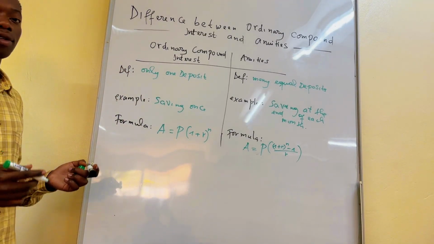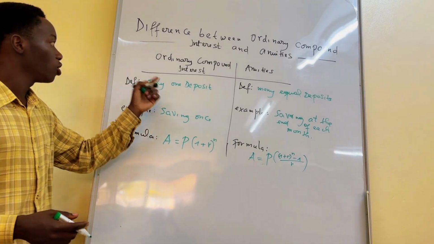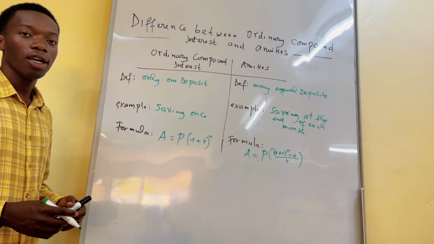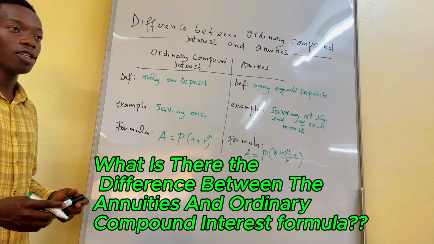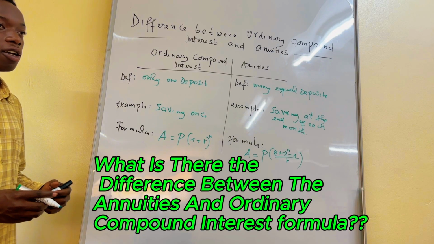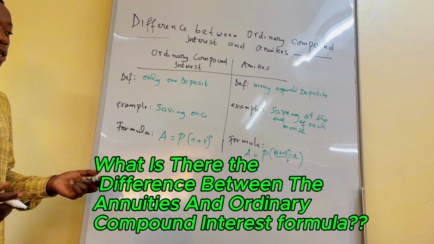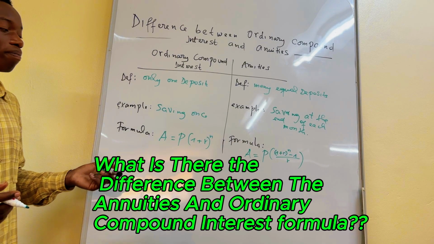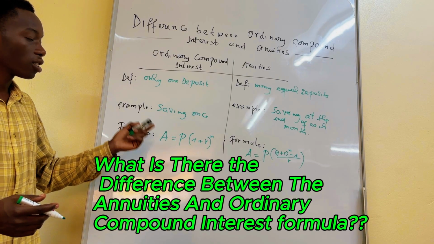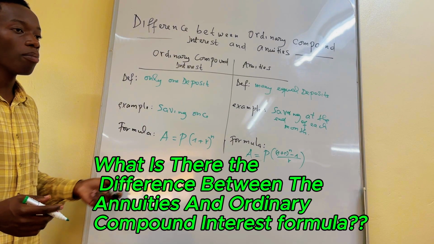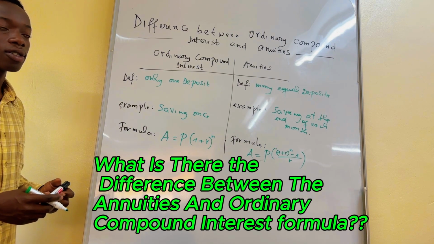So you have to know the difference between ordinary compound interest and annuities. If the money enters the account once, you use compound interest. But if the money enters the account repeatedly, you must use annuities.